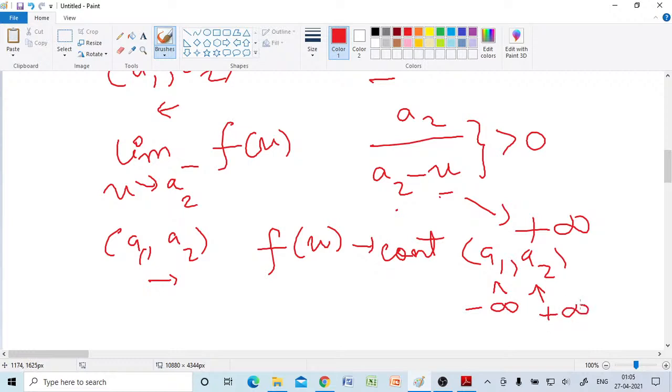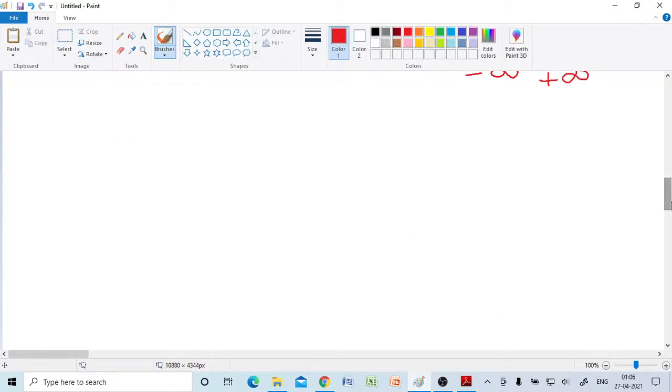So what does it mean? This is the point where we use the intermediate value theorem.